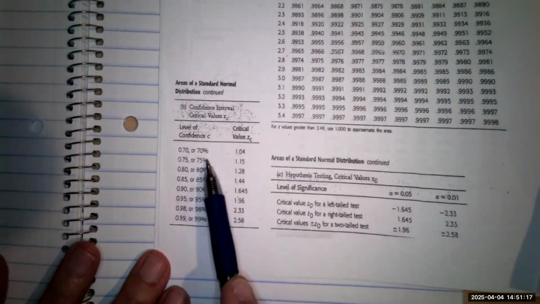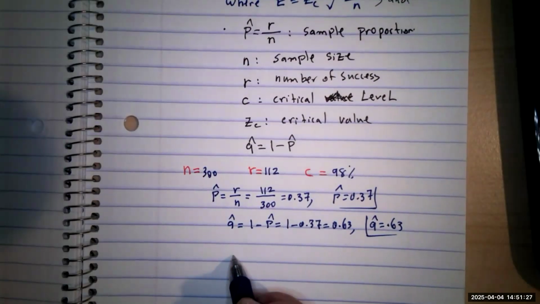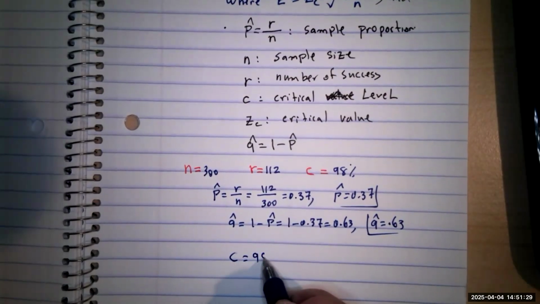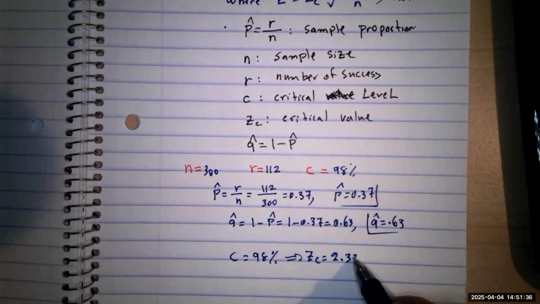So for the 98%, you get 2.33. You have one table in your book, and during the lecture, I gave you one. So you need only these numbers. So you say that the C is equal to 98%, and the corresponding number Zc is going to be 2.33.